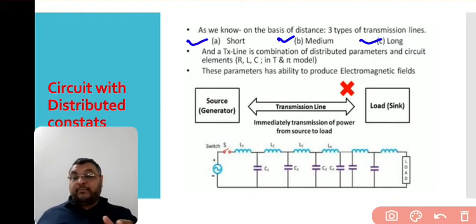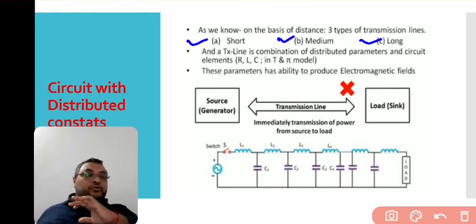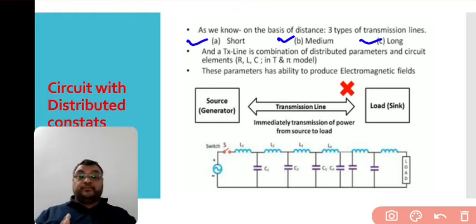Okay, that combination of distributed parameters means that it has R, L and C throughout this line. So we can say that the transmission line is with distributed parameters. So what exactly are the distributed parameters?